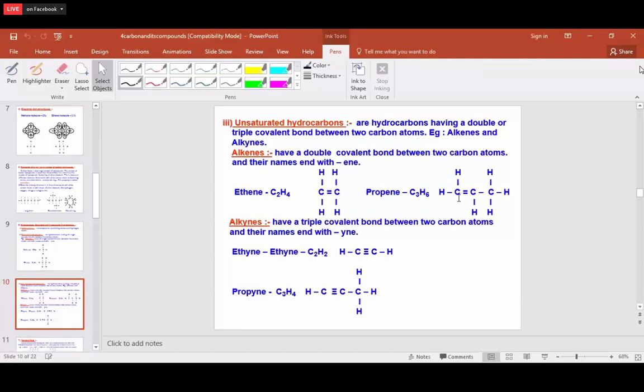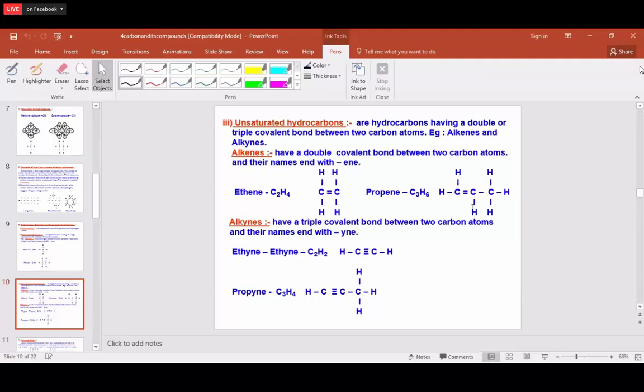Then we have to make double sure that the carbon is tetravalent. This carbon has a double bond over here, and the remaining two bonds are shared with two hydrogen atoms. This carbon is making a double bond with this carbon atom and a single bond with this carbon atom, so only one electron is left out.